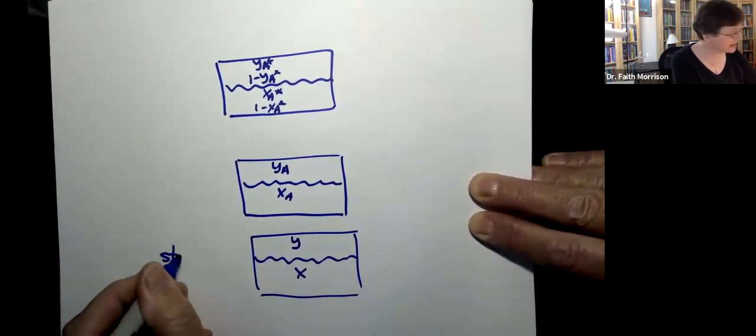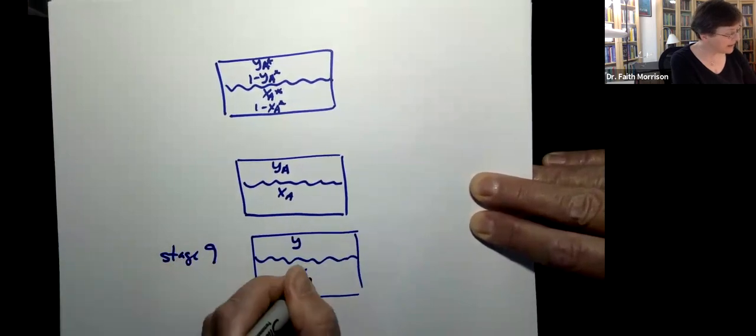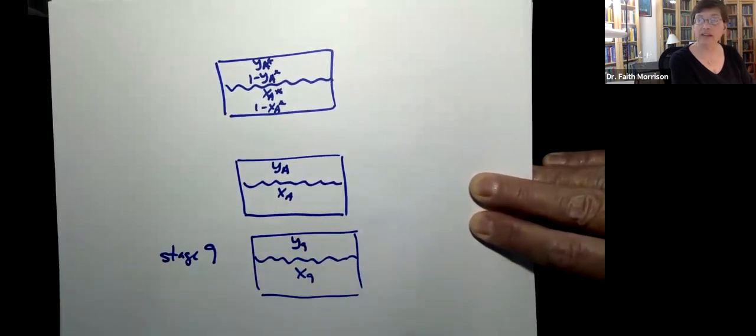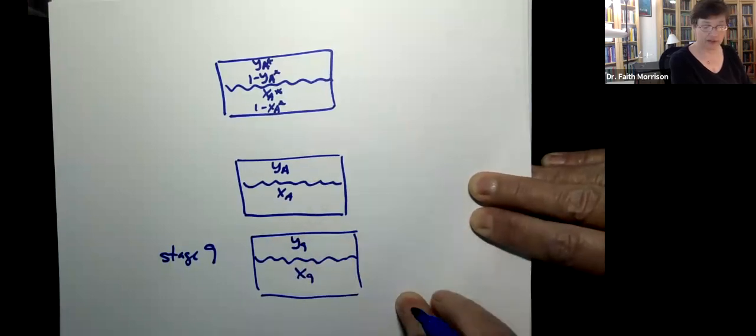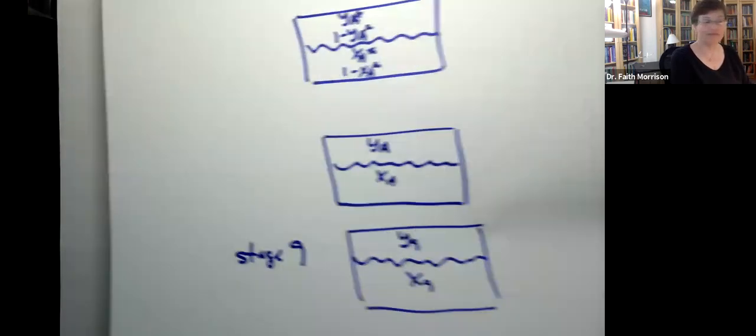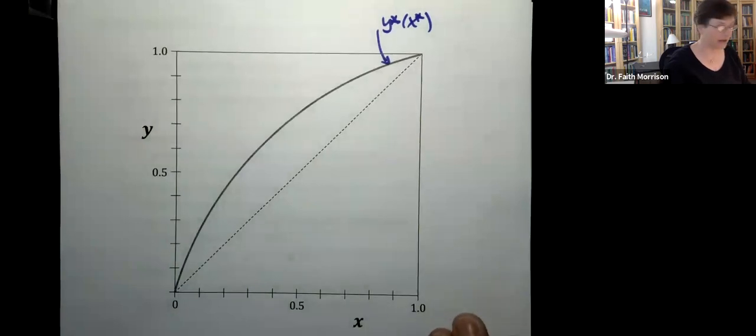So if this is stage 9, this would be X9 and Y9. Those are the two compositions that are in equilibrium with each other. So we're simplifying the nomenclature a little bit just to keep us on top of the calculations that we're doing.